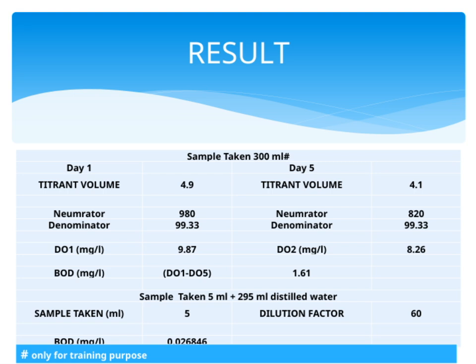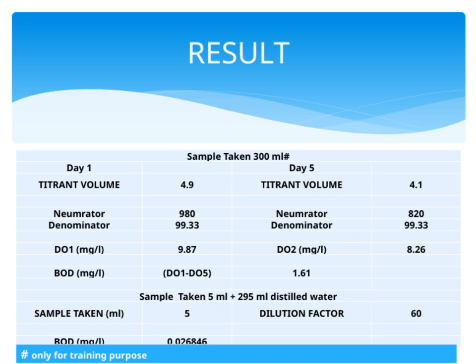The denominator stayed the same at 99.33, indicating consistency in our measurement process. The DO level on day 5 was 8.26 mg/L. Now, to understand the biological oxygen demand, or BOD, we look at the difference in DO between day 1 and day 5, which is 1.61 mg/L.